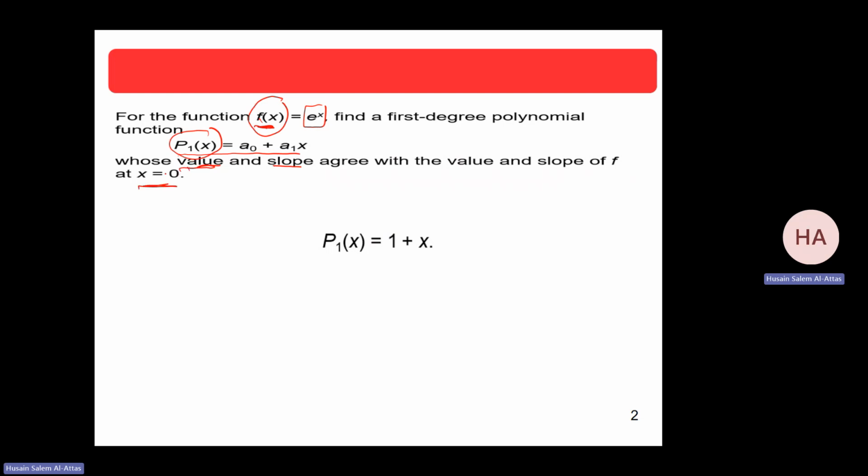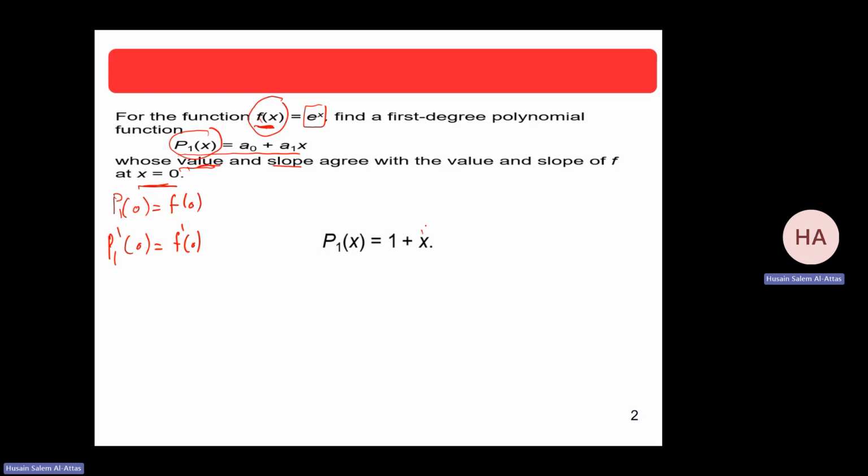I'm choosing x equals 0, at x equals 0, and also the slope at x equals 0, they both agree. So I need P1 at 0 equal f at 0, and P1 prime at 0 is equal to f prime at 0. That's what I'm looking for.